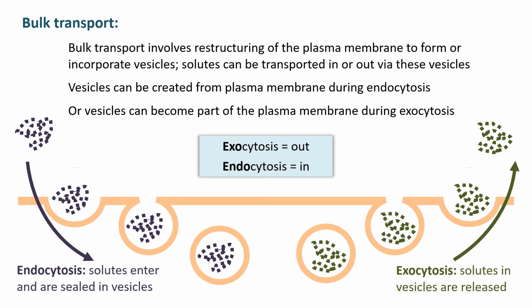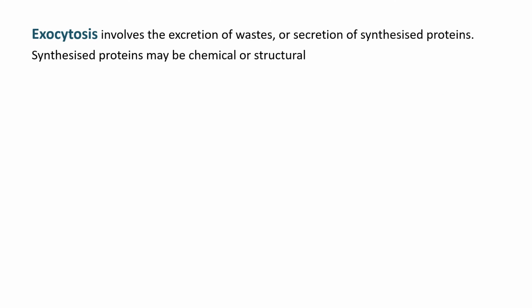So exocytosis is out, endocytosis is in. Exocytosis could involve the excretion of waste or the secretion of those proteins that we carefully synthesized and processed. Those synthesized proteins may be chemical or structural.